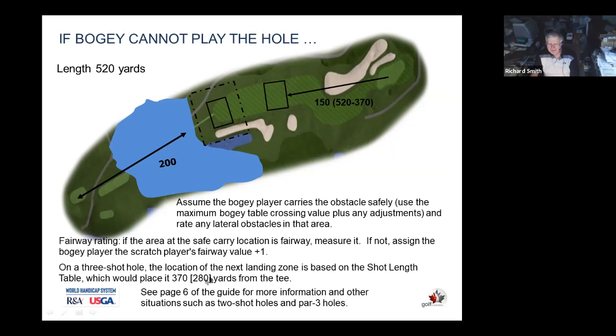So it would be 280 out here at about 150 from the hole, because if he'd had a landing zone here, this is where he would have got to on his second shot. I will refer you to page 6 of the guide for more information on other situations where bogey can't play the hole.